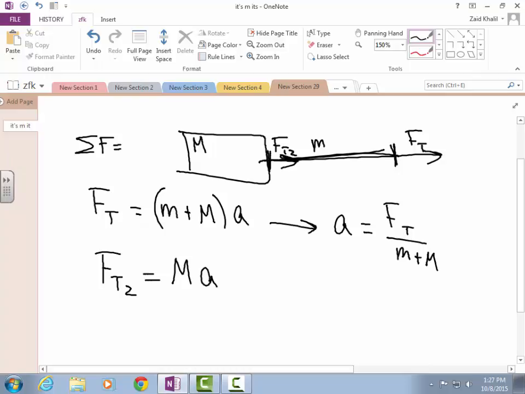But what can you say about that rope and that box? They are, what's the word, starts with C, connected. So therefore, they're going to have the same acceleration. So Ft2 is equal to big M over little m plus big M, times Ft.